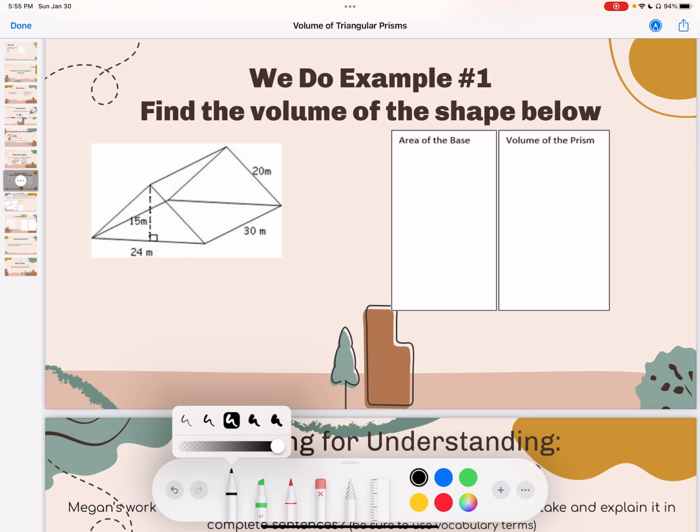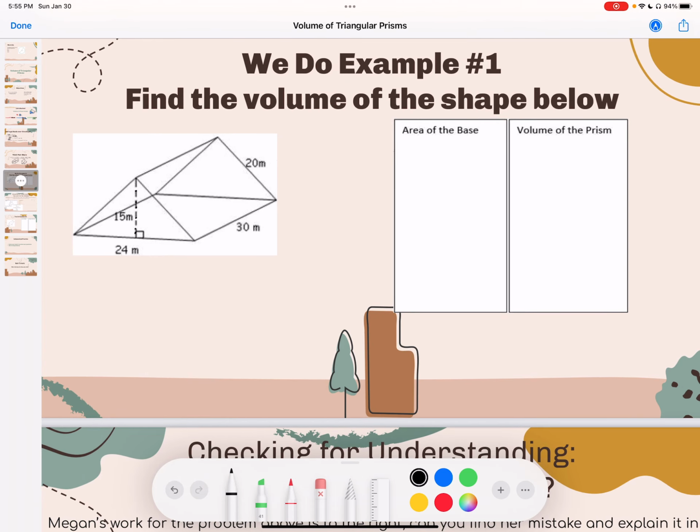So let's talk about finding the volume of our shape below. So for this part, I'm going to go ahead and find my base. I have two right here. And I know that these shapes are triangles. So I like to shade in my bases because it helps me visually see what I'm doing.